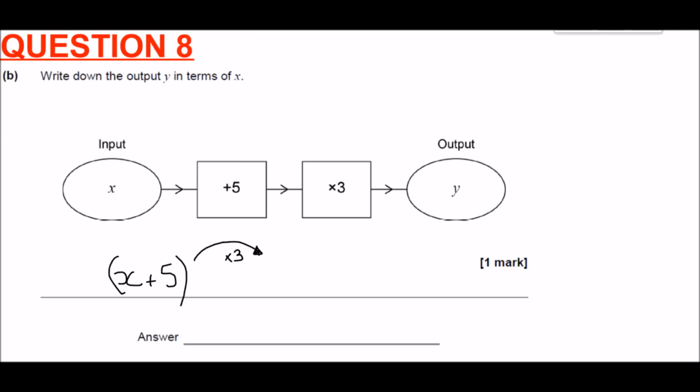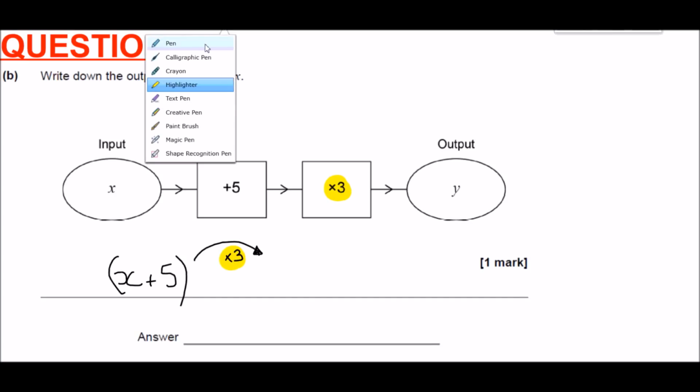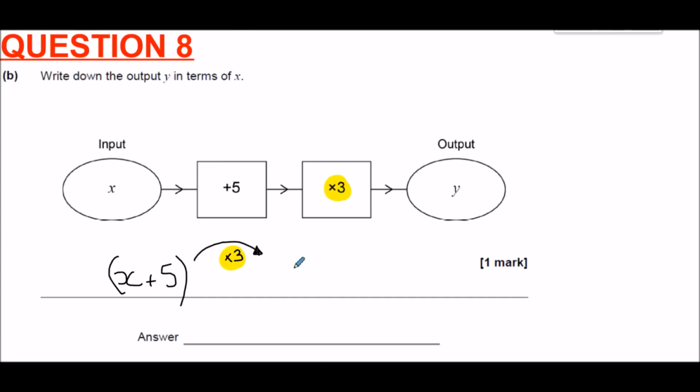So there's two ways of writing this down actually. One way is, if you multiply the whole of more than one thing by 3, what we could do is put the thing we're multiplying by 3 in brackets and put the 3 at the beginning. And so that's one option. We could say that Y equals 3 brackets X plus 5, or equally we could just expand these brackets out.